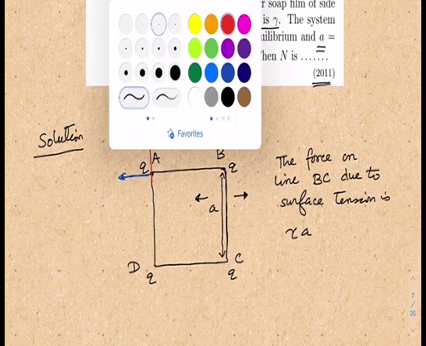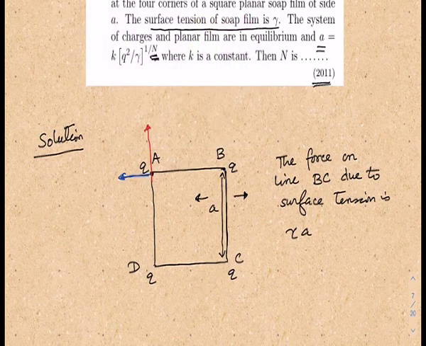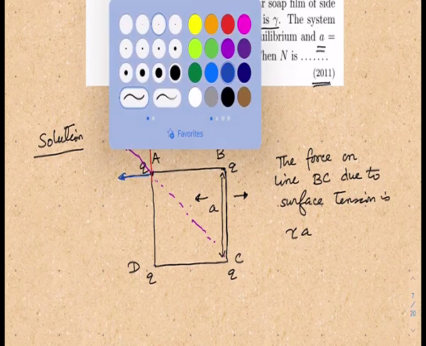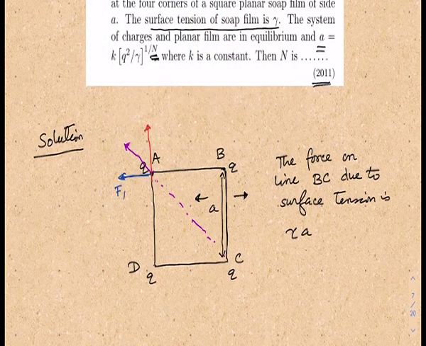And because of the charge at C, it would be along this direction. Let me say this one is F1, this is F2, and this is F3.